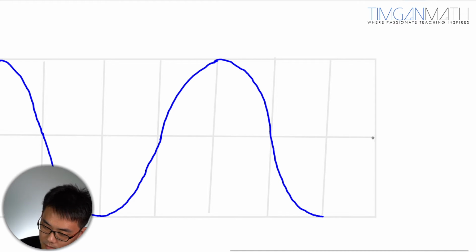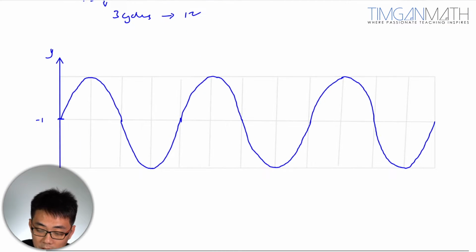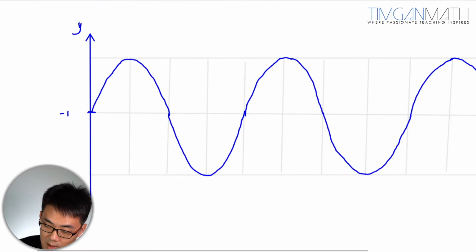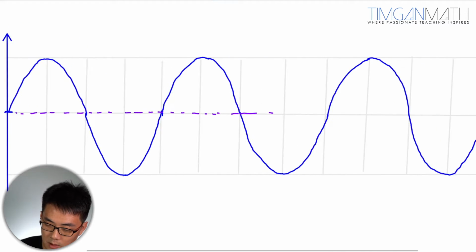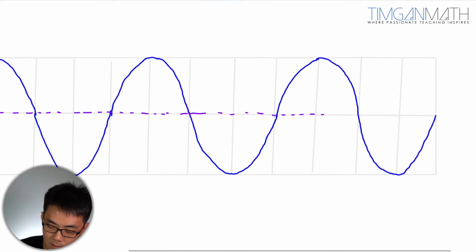Okay, great. So there are 3 cycles. Then I'm going to draw out the line of equilibrium. So here we go.